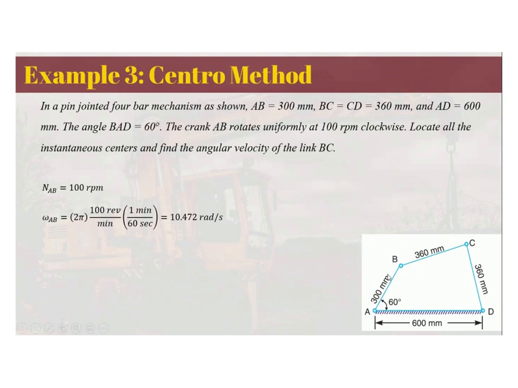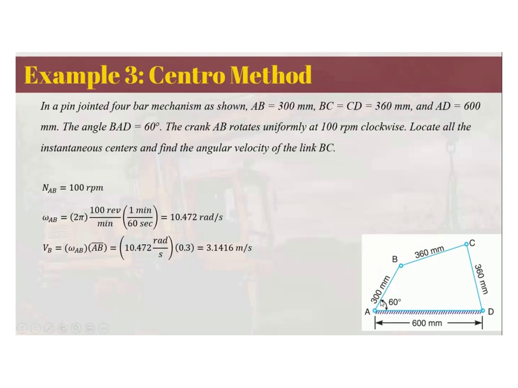Now that we have the angular velocity of AB, we need to find the centro so that we can find the distance from B to that centro. But before that, you have to solve first for the velocity of B. The velocity of B can be computed as the angular velocity of AB times the radius, which is AB, since AB rotates about A, so AB is considered the radius of rotation.